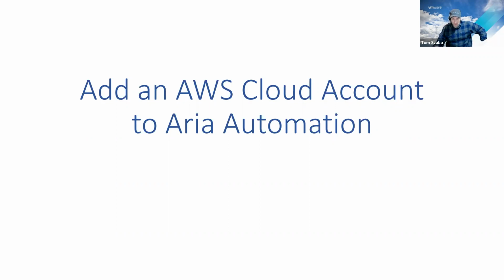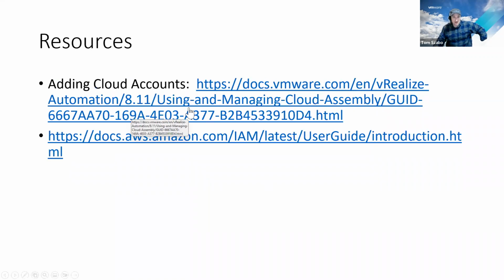I am going to reference two links. Let's flip my slide here. A page inside of VMware's documentation that talks about how to add cloud accounts, and then specifically the user guide to identity and access management of AWS. Part of the process of adding the cloud account is creating a user and having an access key that you can use to have programmatic access into your AWS environment.